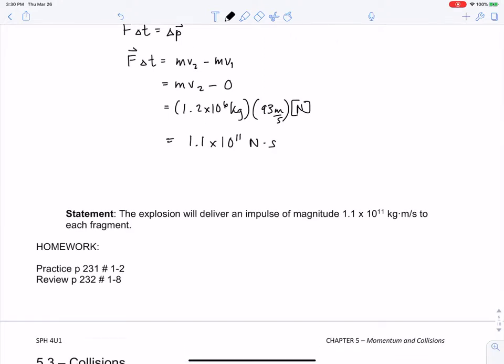Remember that a Newton second is equivalent to kilogram times meters per second. When talking about impulse, F delta T, I'd like to always report it in Newton seconds. So the explosion will deliver an impulse of magnitude 1.1 times 10 to the power of 11 Newton seconds to each of the fragments.